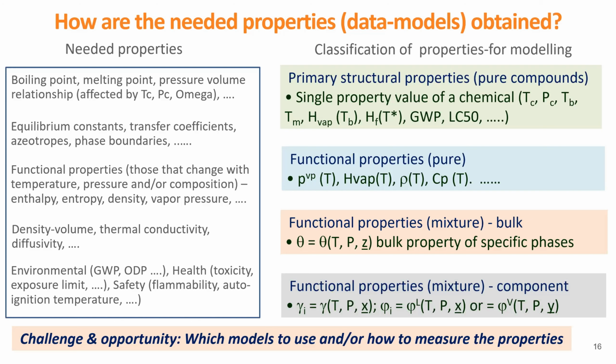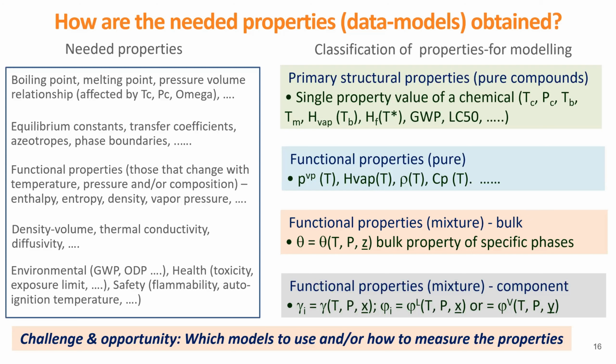So we want to know the equilibrium properties of the mixture as a function of temperature, pressure, composition. And the equilibrium properties are usually gamma, which you see the first one, and the fugacity, which is the second one. And then we need to know whether the phase is liquid or vapor.